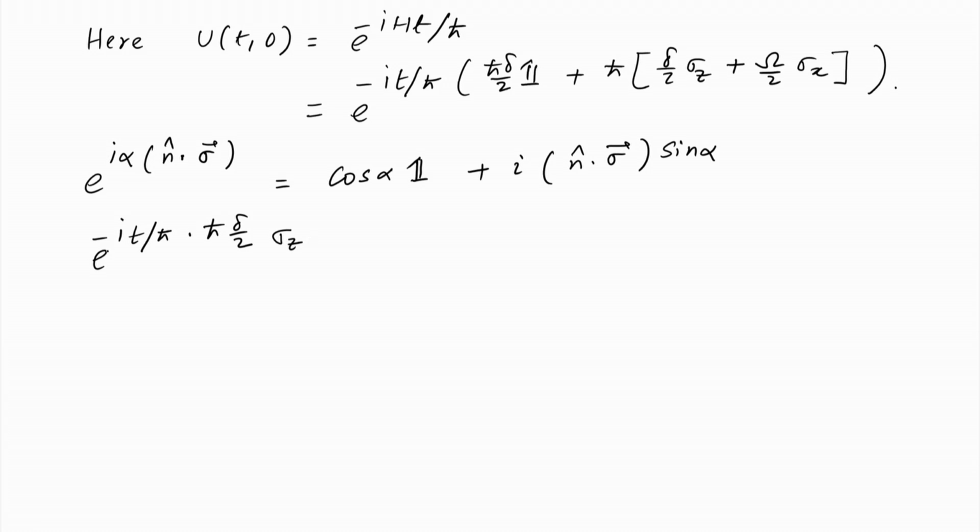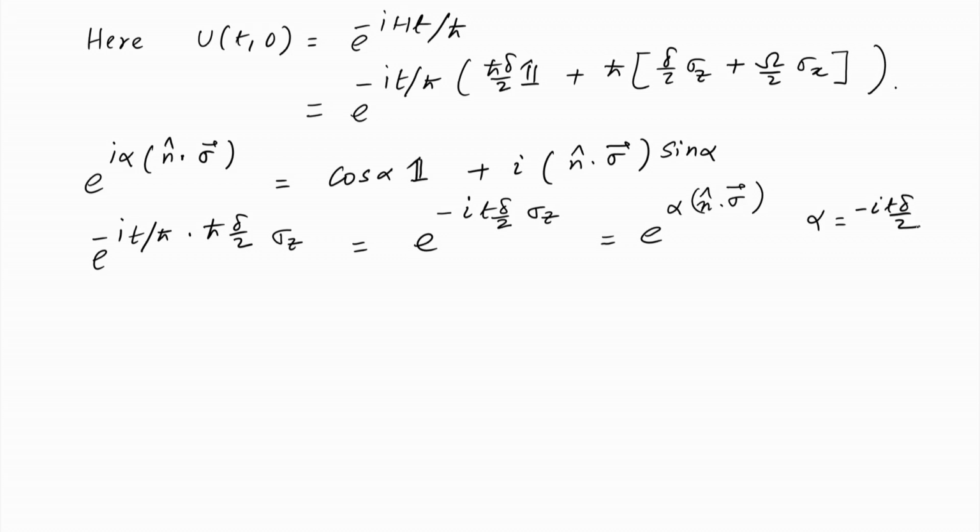So, this h cross will cancel, and we will have exponential of minus i t delta by 2 sigma z, which is written as exponential of alpha n dot sigma, where n cap is along the z direction and alpha is equal to minus i t delta by 2.